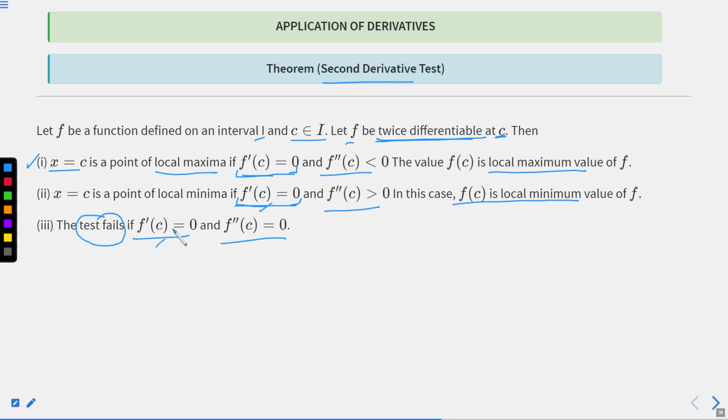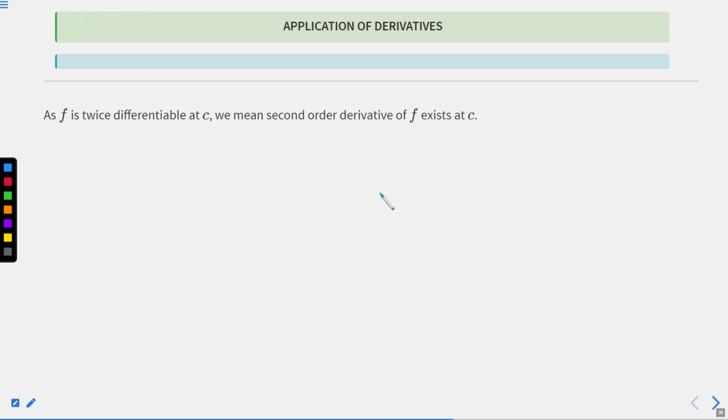Clear? And to find whether this point is a local maxima or minima, you have to find the double derivative and put in the value of C. If it is negative, then you will get your maximum point, and if it is positive, then you will get your minimum point.